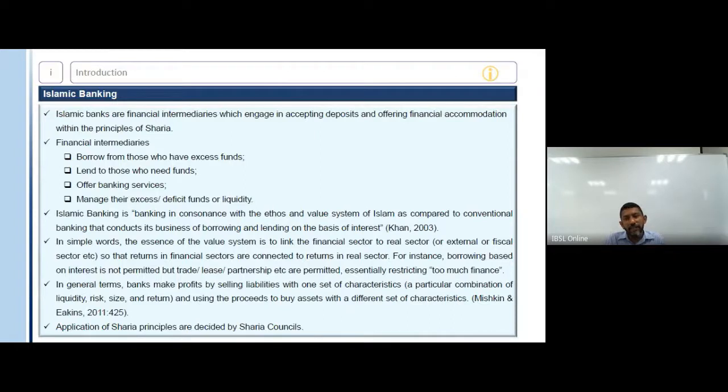Financial sector activity, the lending and borrowing of funds, channeling of funds, has to be linked to the real sector activities. And that link needs to be established by transactions like sale transactions, partnership transactions, investment transactions. And that link has to be established using these transactions between the financial sector and the real sector.